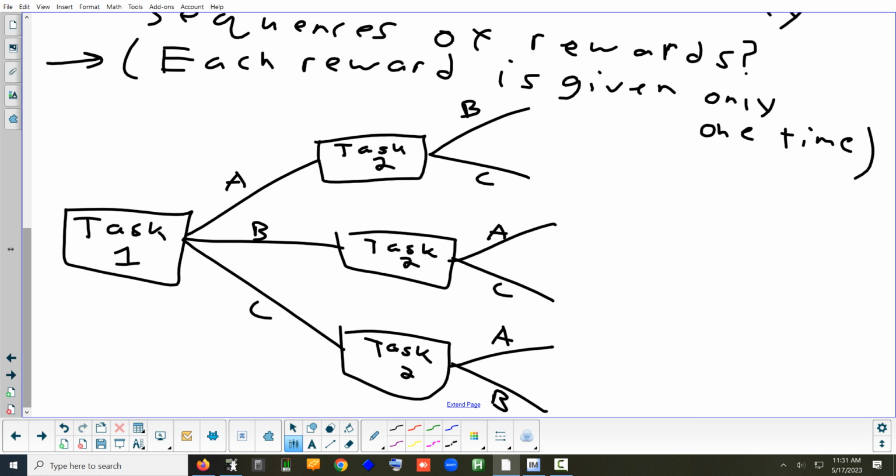So essentially it's a problem about arranging letters again. You just can't use the same letter more than once. So how many different reward pathways are there? 6.